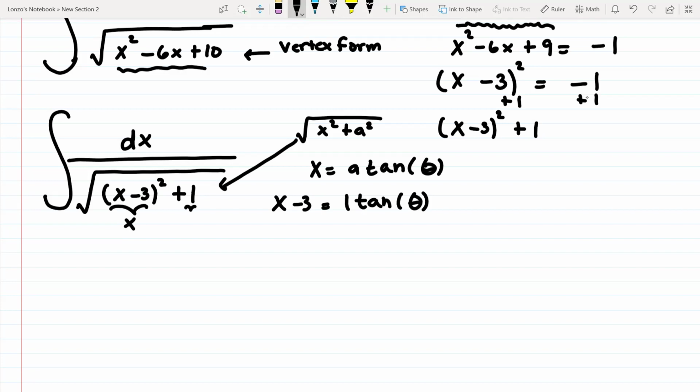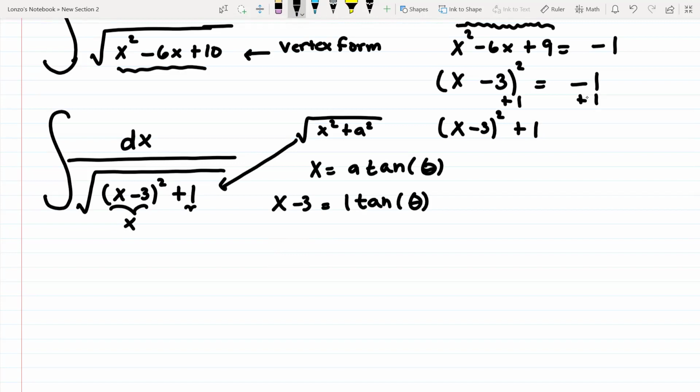In terms of dx, it's 1 dx. The derivative of a constant is 0, so I don't have to worry about that. Minus 3. And then what is the derivative of tan theta? It's secant theta. Wait, I went a little bit ahead of myself.